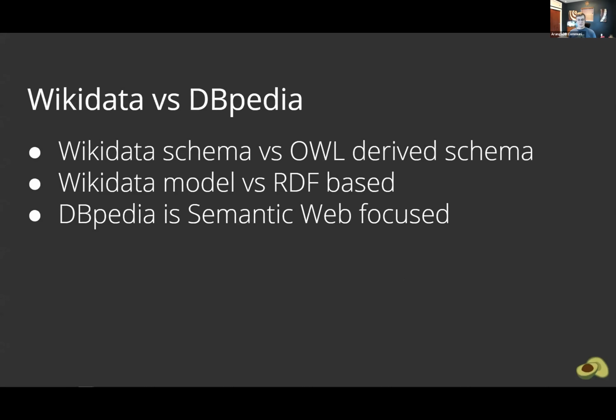But it's derived itself from sort of more of a standard, and Wikidata also has its own sort of customized model, whereas DBpedia is directly RDF based. And DBpedia had the primary goal of aligning to that semantic web, wanting to make this data that exists on Wikipedia and Wikidata fit this uniform structure that the semantic web was aiming for.